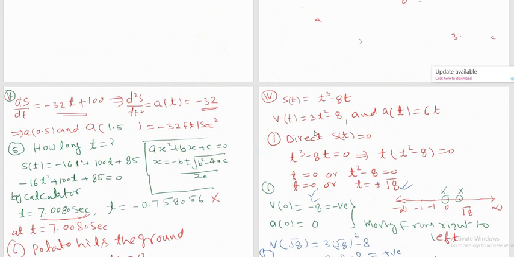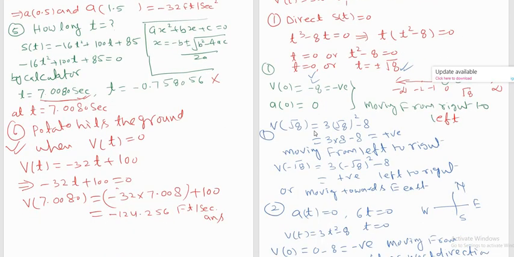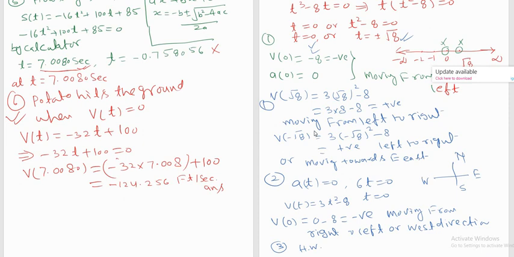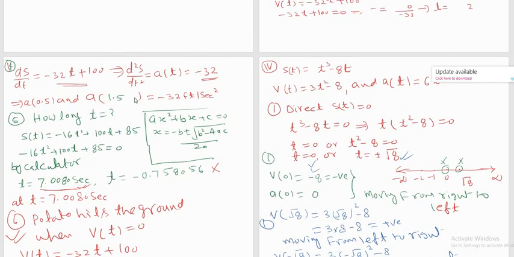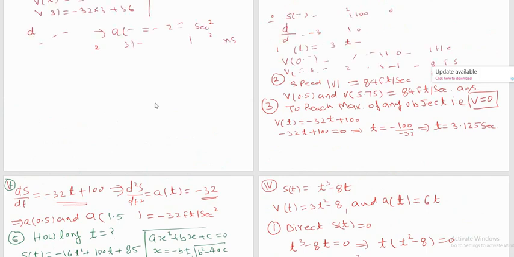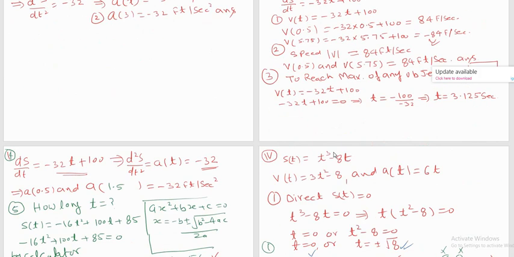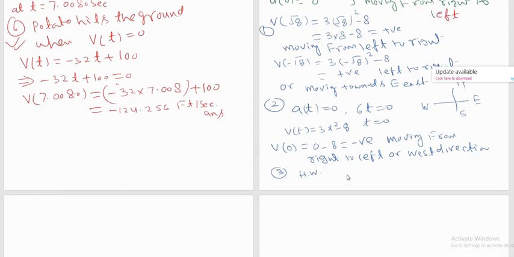Now question number 3: determine the time interval when the train is slowing down or speeding up. Again, we need to check velocity and acceleration. If velocity and acceleration have the same sign, it is one case, and if they have different signs, it is the other, as I discussed already.